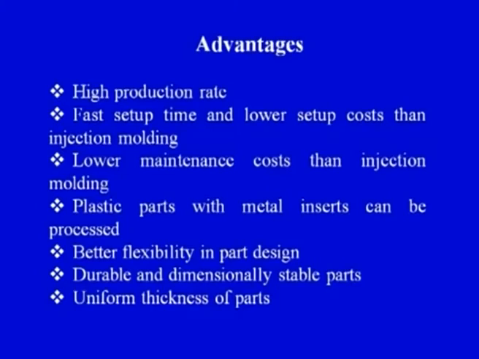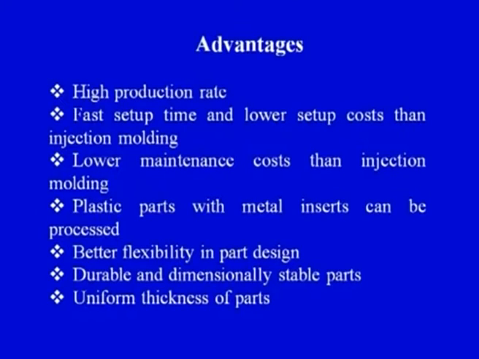So we will see in the applications how metallic inserts can be put inside the plastic products. Other important advantages are the better flexibility in part design, because it is a closed mold process. The mold cavity is present between the two mold halves, so fairly complex designs can be made, and the material is flowing in the liquid state and is going to fill the mold cavity, so the problems associated can also be less. But the degree of flexibility in part design is also to a particular limit only.